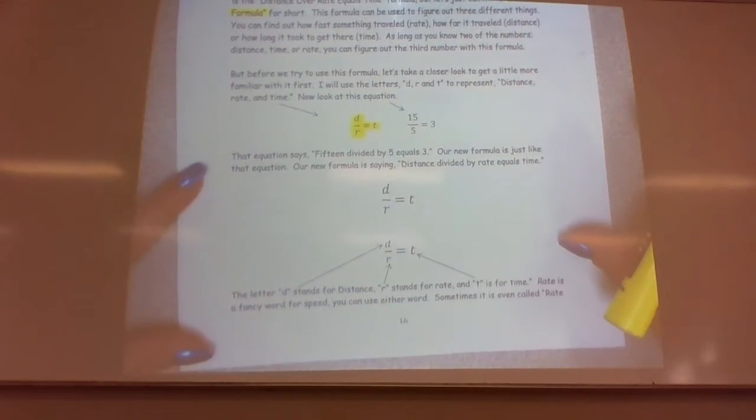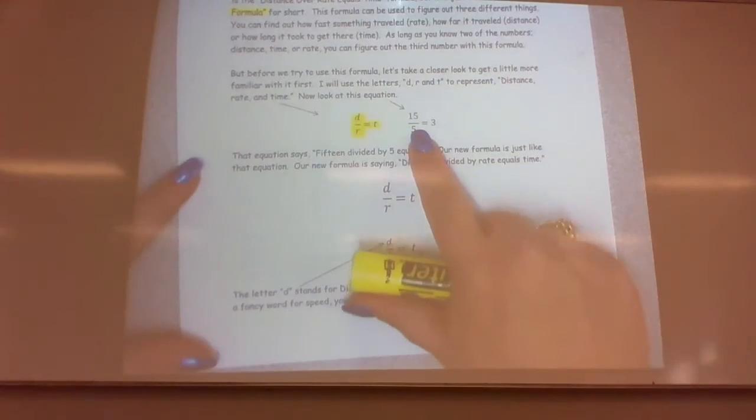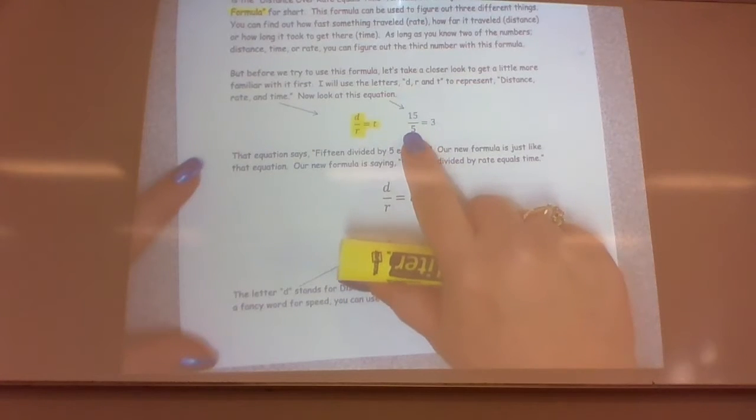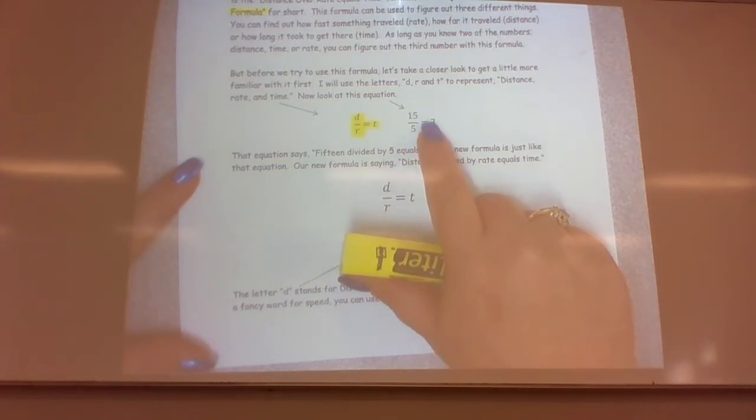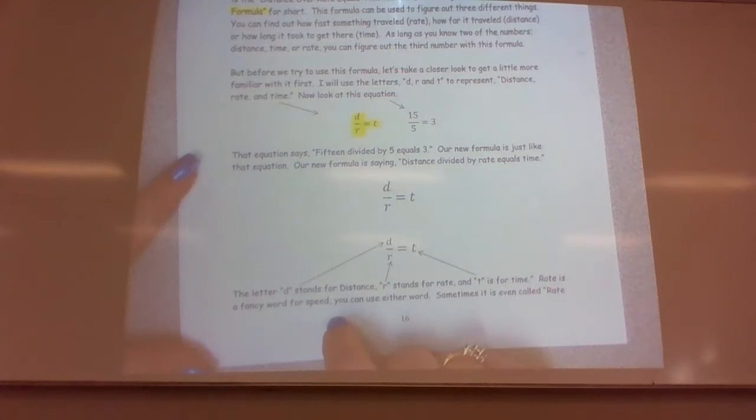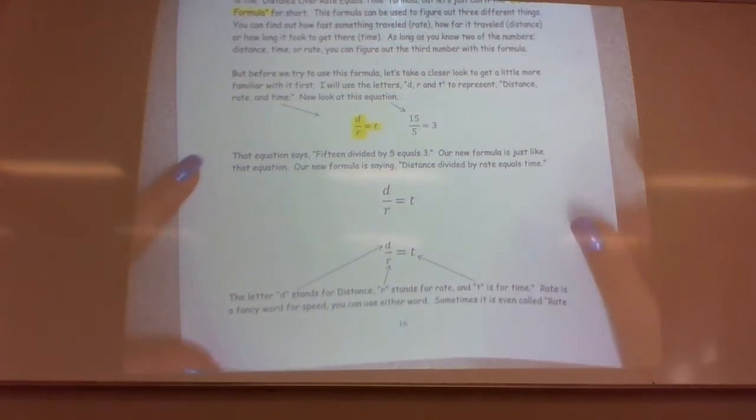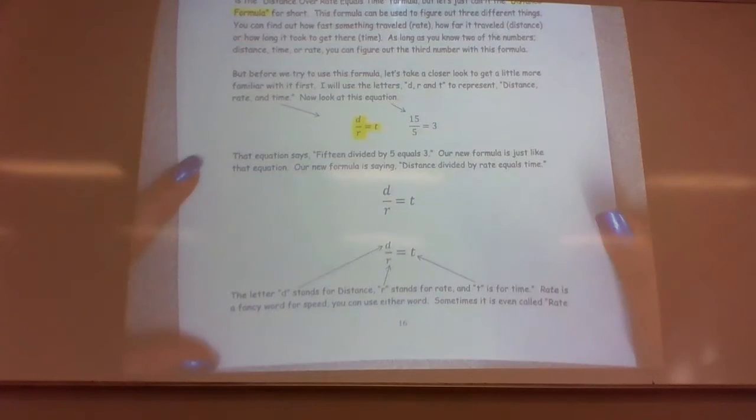And they've given us a little sample where if we divide 15 by 5, we do get an answer of 3. So again, we are looking at just plugging in numbers and then solving for whatever variable we do not have. Alright, page 17.